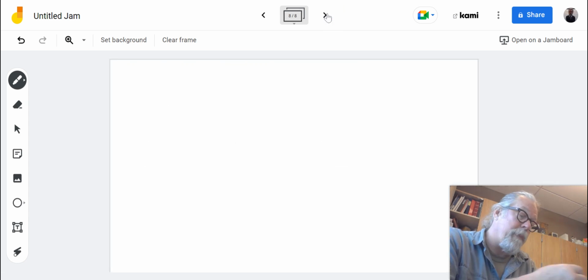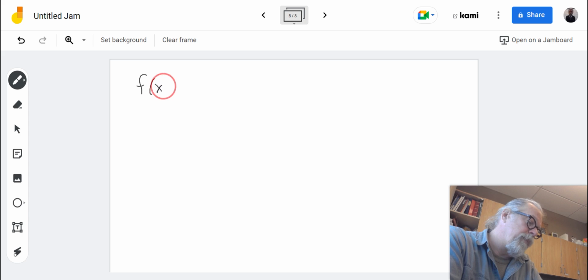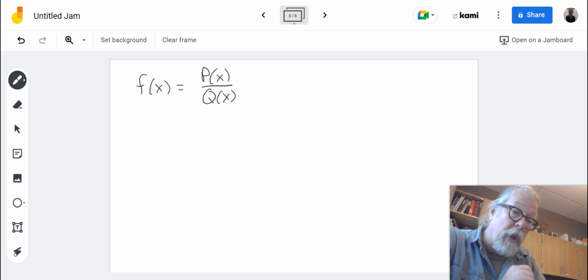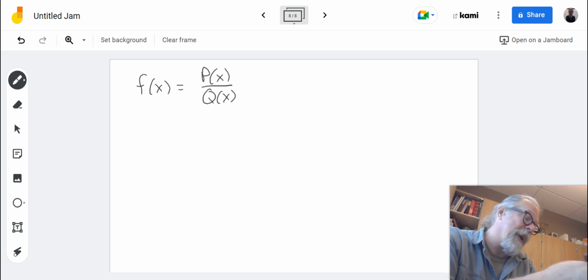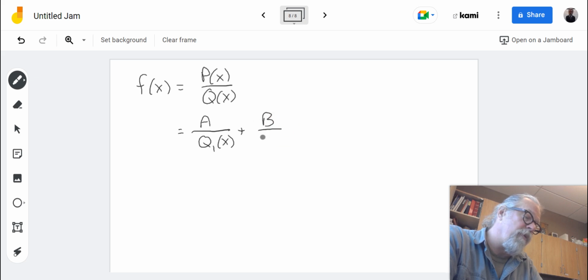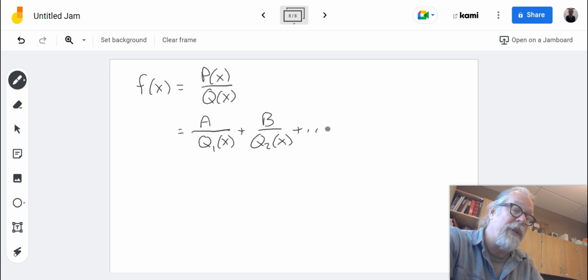So let's recap. F of x equals p of x over q of x. P of x and q of x are both polynomials. P has a degree that is less than q. Q can be factored into linear factors, and therefore f of x can be written as a over q1 of x plus b over q2 of x plus, as many as I need.